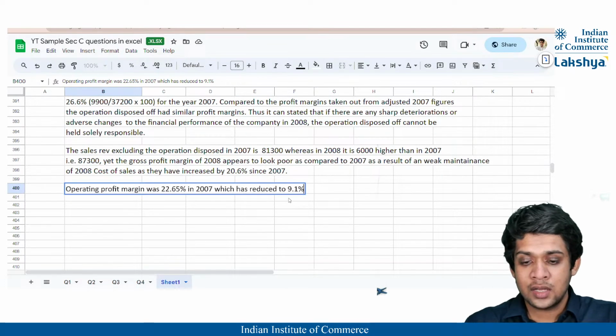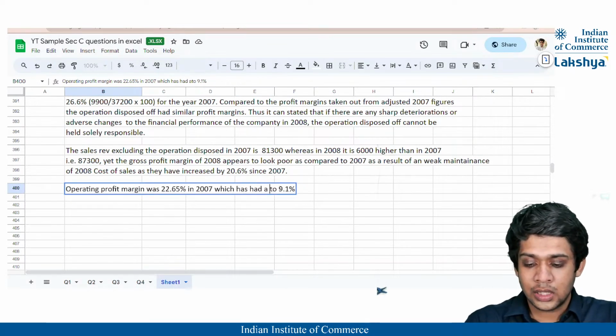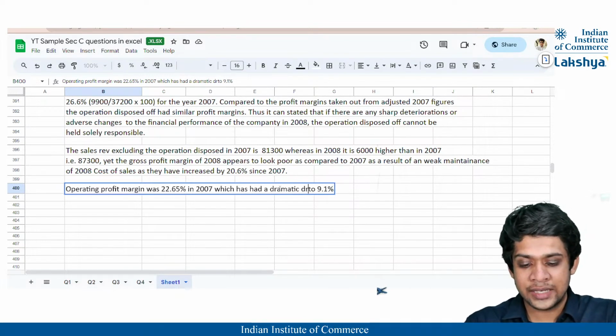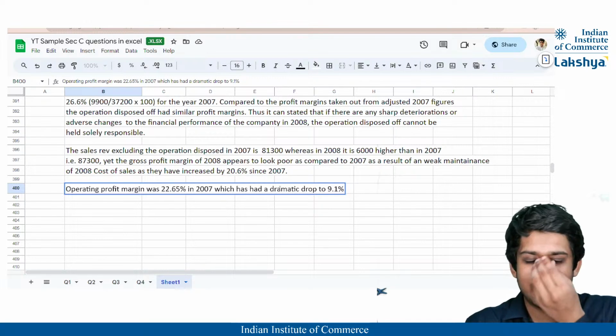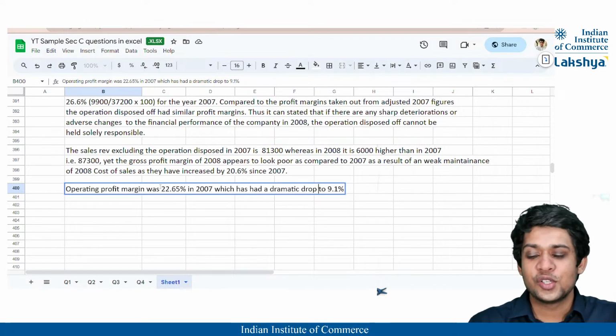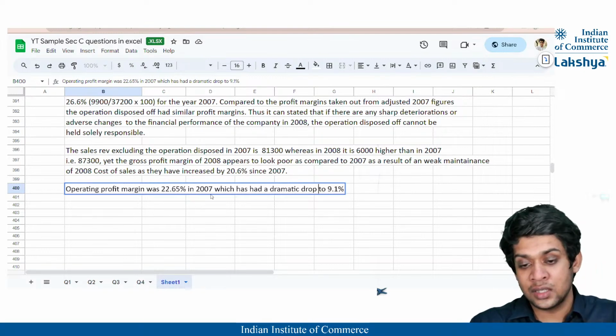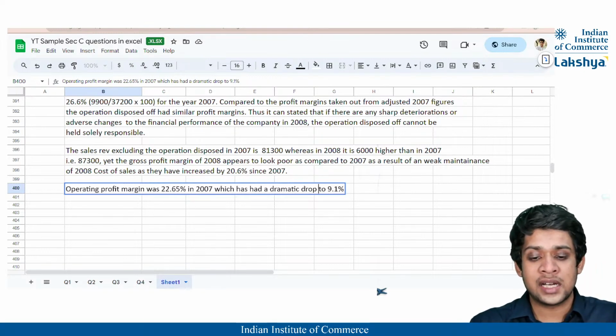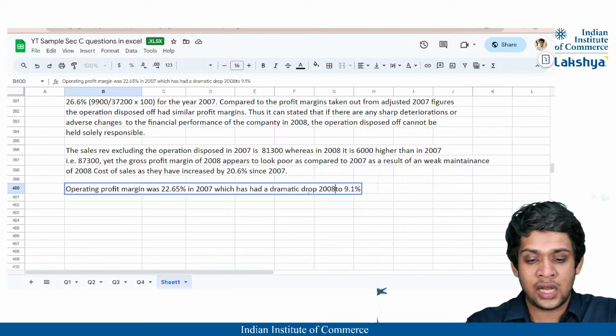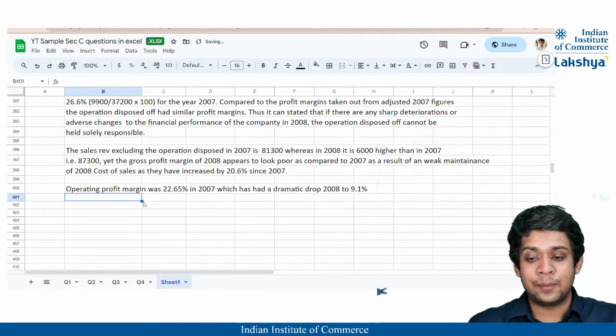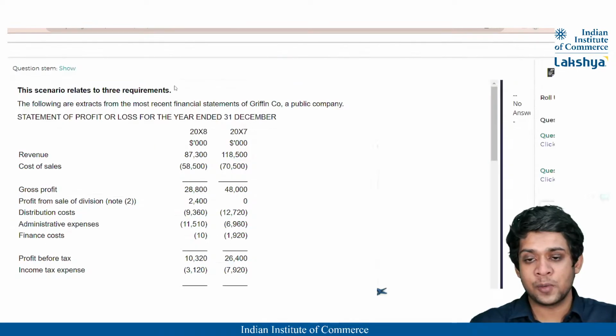Maybe you can say which has had a dramatic drop. You can mention words like these, so it would probably impress the examiner. So operating profit margin was 22.65% in 2007, which has had a dramatic drop in 2008 to 9.1%, and what is responsible for this?